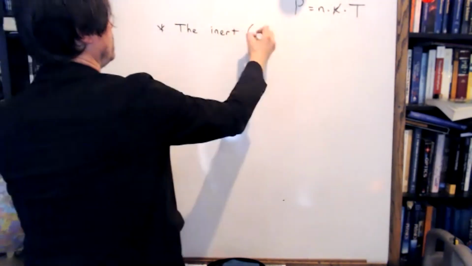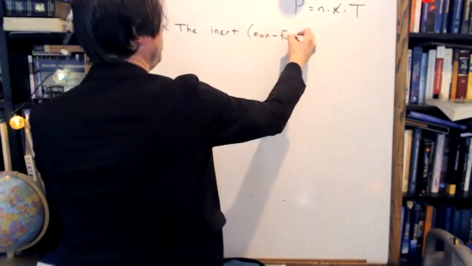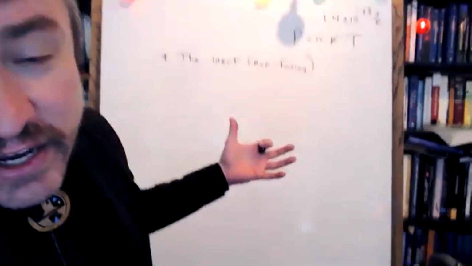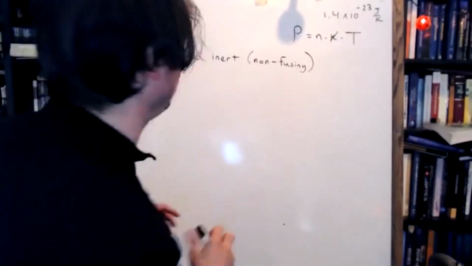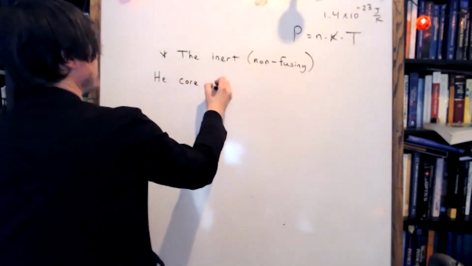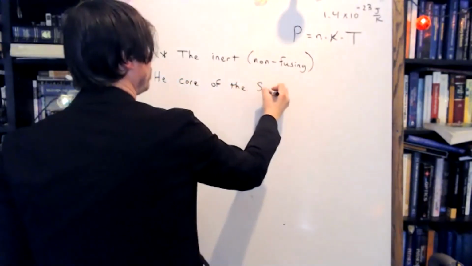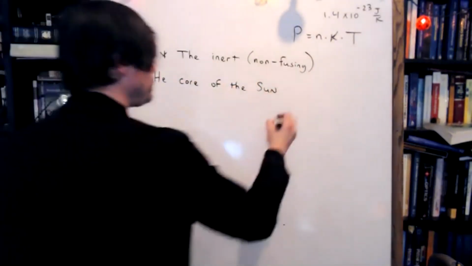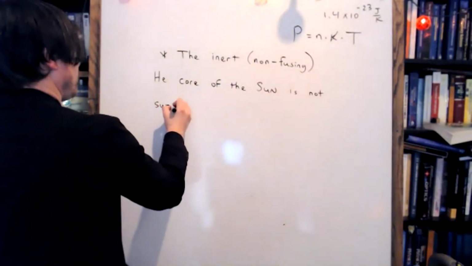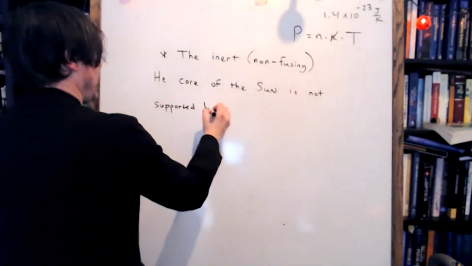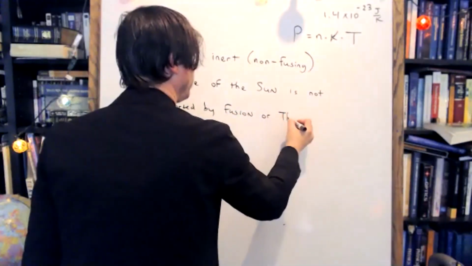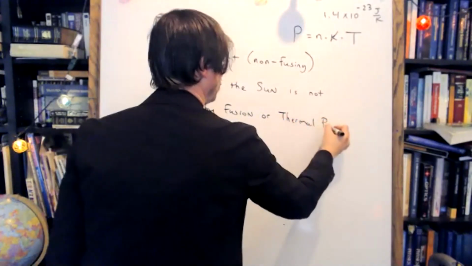The inert, and by inert here I mean non-fusing. Usually chemically inert means it's not reacting, but you know, helium is a noble gas, so I could mean it in all sorts of ways. The inert helium core of the sun or other one solar mass star is not supported by either fusion or what we would call thermal pressure.